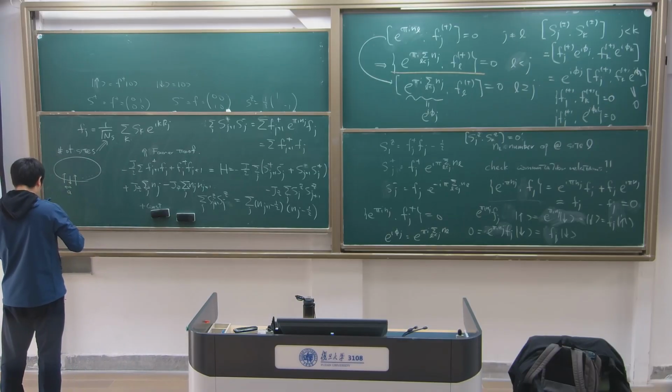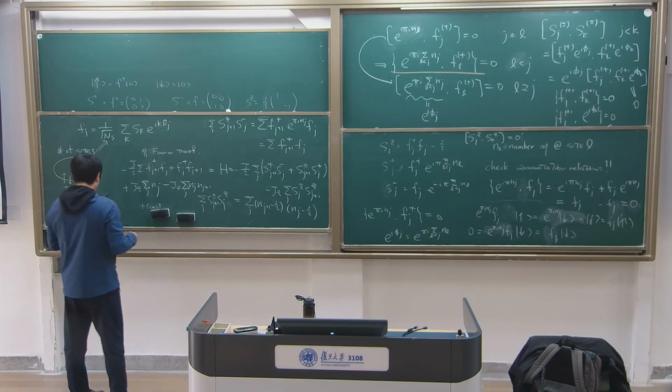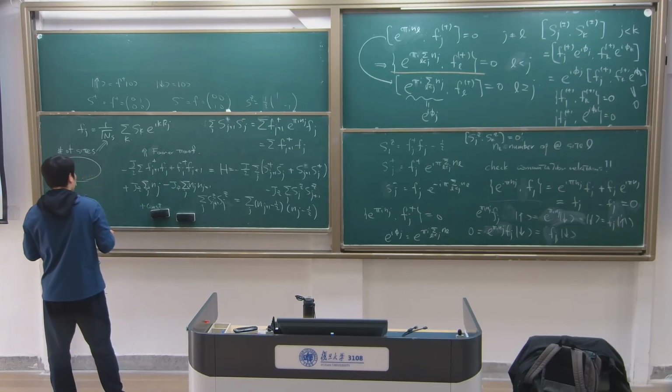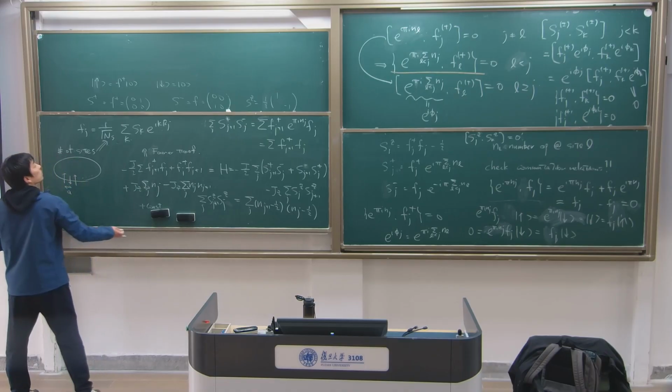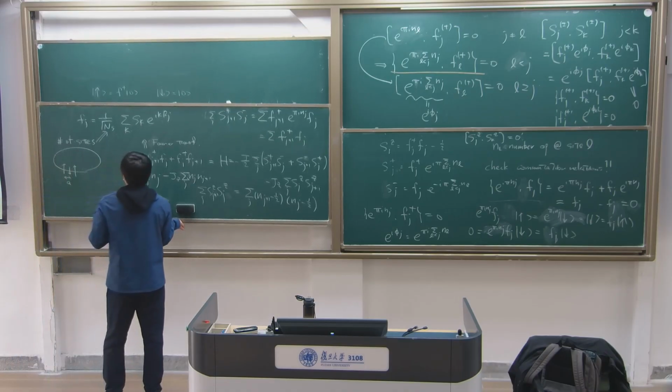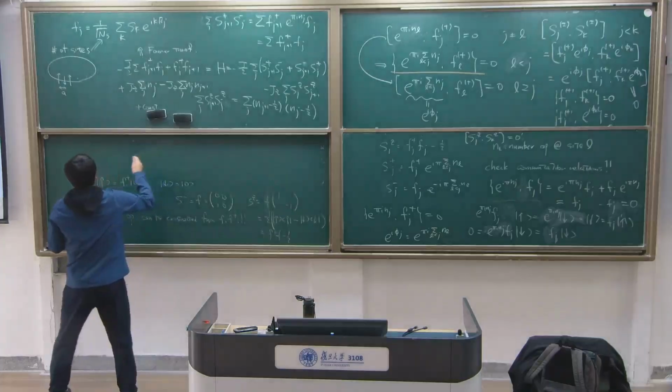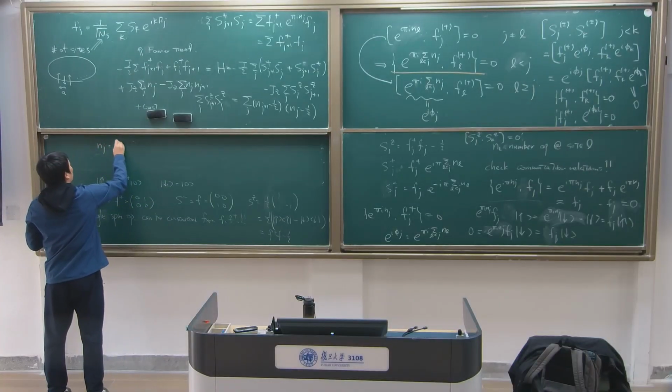So then what we have is that, now we know Nj is just a number operator.